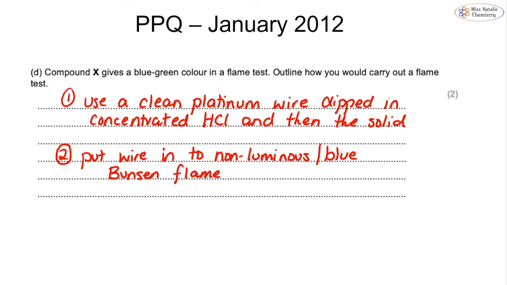Now, sometimes you may see in mark schemes that they do not require you to mention the concentrated hydrochloric acid. However, I would always recommend putting it in your answer because it shows that your answer is nice and full, and you do come back to flame tests in A level. So if you get the explanation perfect at GCSE, it just makes it that little bit easier when you go up to the next level.